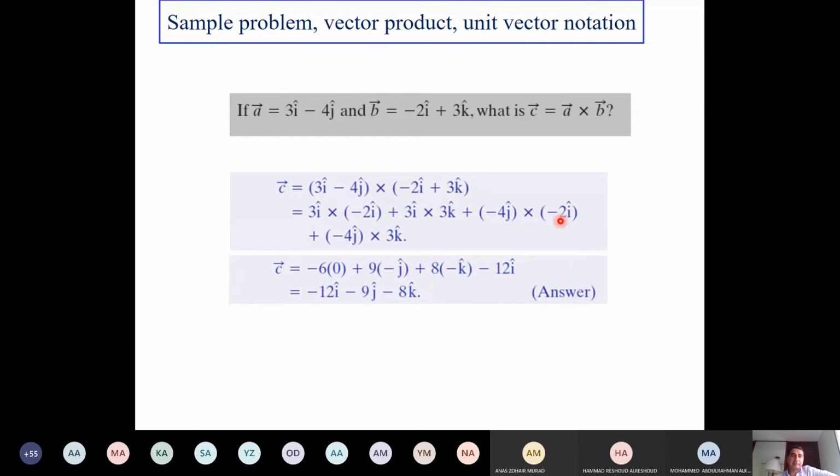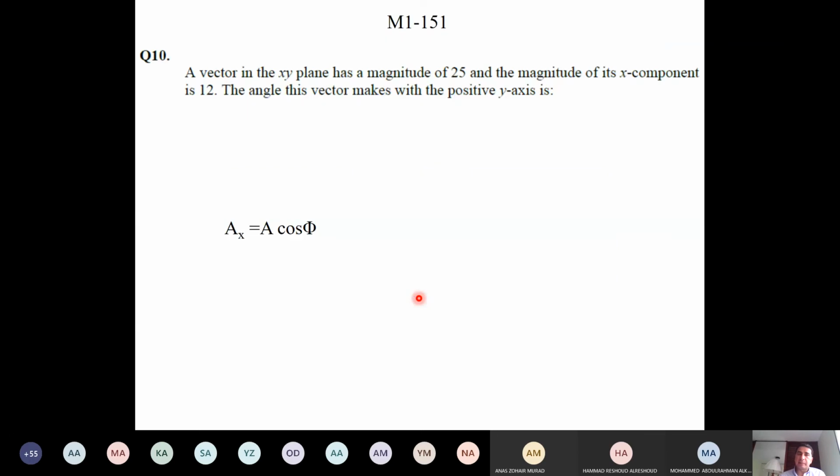That's what I'm getting from there. And 4 times 3 is 12, and j cross k, in this case, I am going to get i, because it's naturally in the same flow. So plus i I am getting from there. So that's how I got the answer here. Okay, do you have any question in this problem?